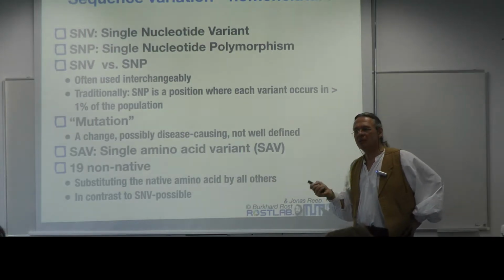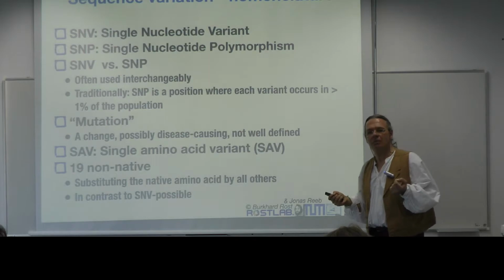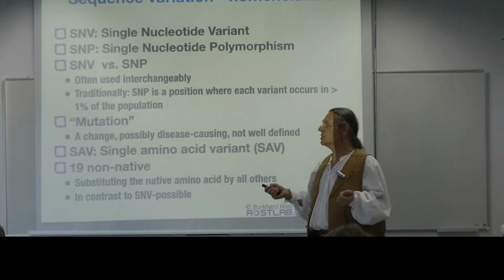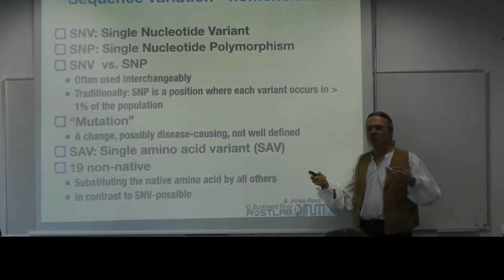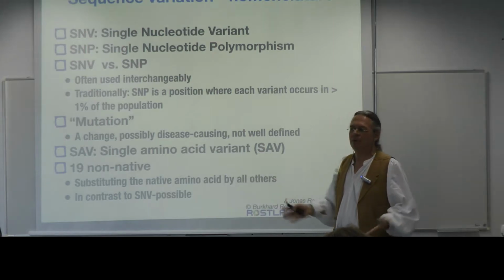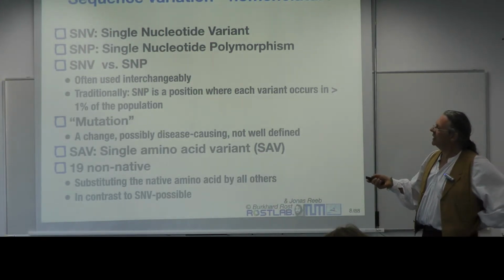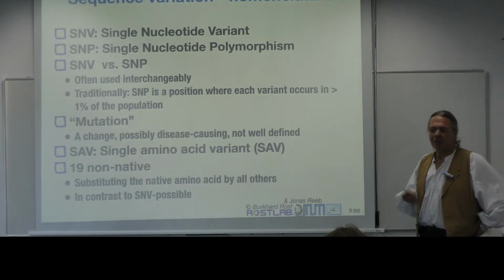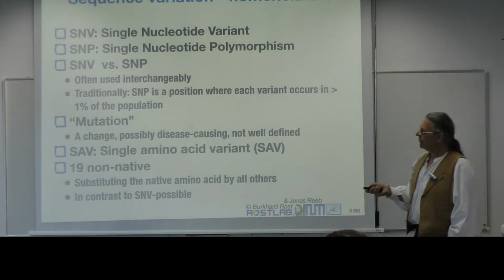So SNPs were variants that existed in at least 1% of the population. The reason was simply that sequencing methods had mistakes, so everything below that you simply said was an error. That's why SNP was invented this way. But today people really don't use that anymore. They still use the term SNP, but ultimately they talk about SNVs.